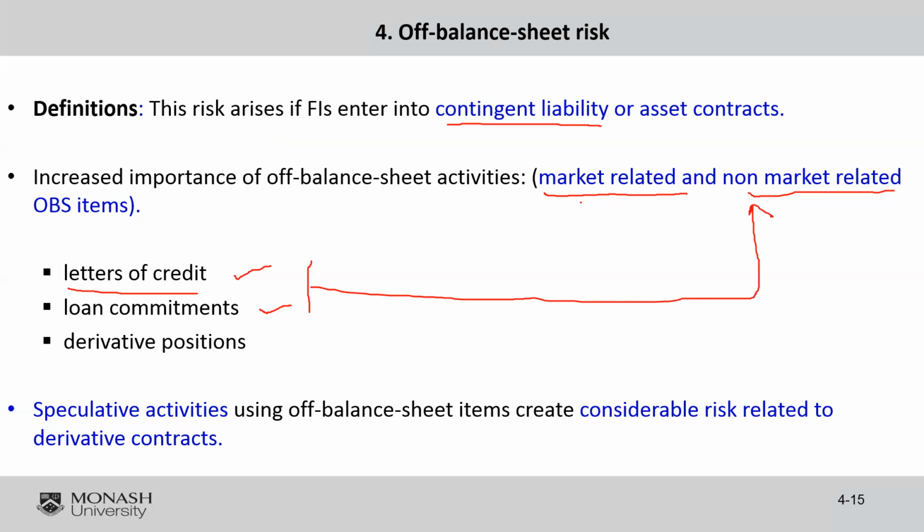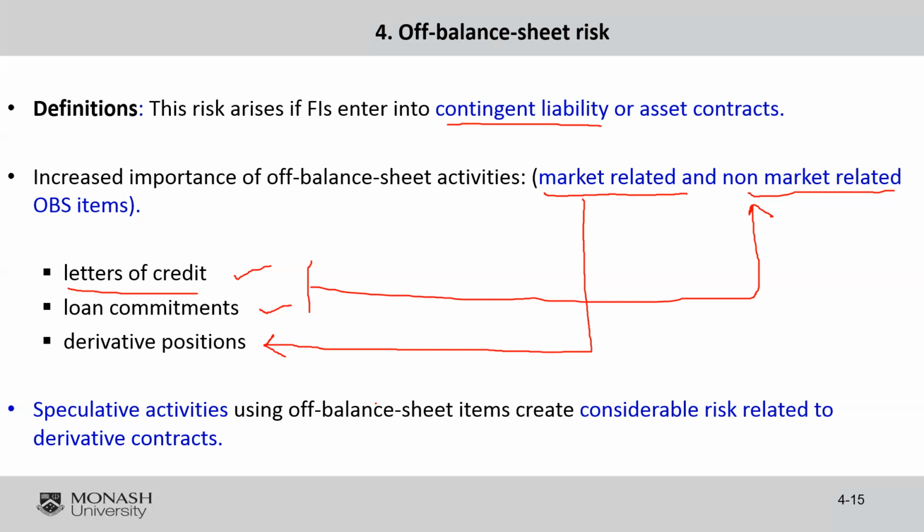But actually we have market related, which is actually promises of contracts, of derivative contracts specifically, which is related to forward contracts, option contracts, futures contracts. I don't know how many of you have taken derivatives, but derivatives are actually promises to buy or sell assets in the future, providing some type of contracts.